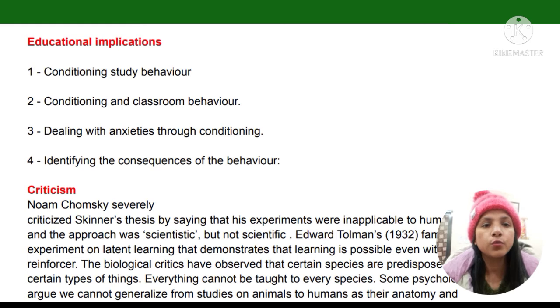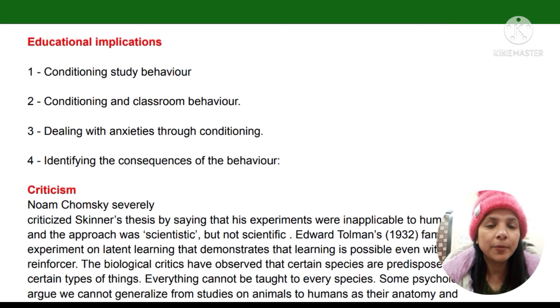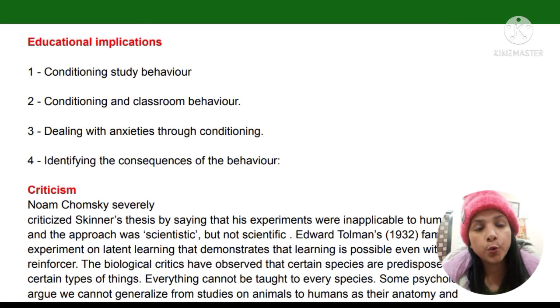Edwin Tolman has done an experiment demonstrating that it is not necessary to give reinforcement every time to a student for study. So learning can also be possible without giving any type of reinforcer. Like this, this theory has been criticized a lot.